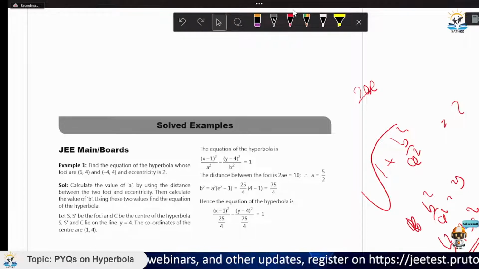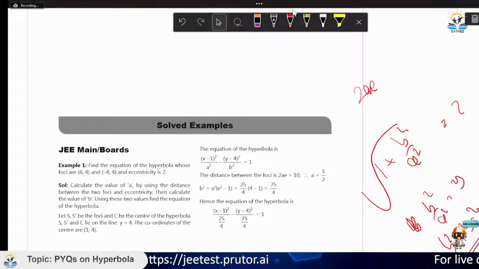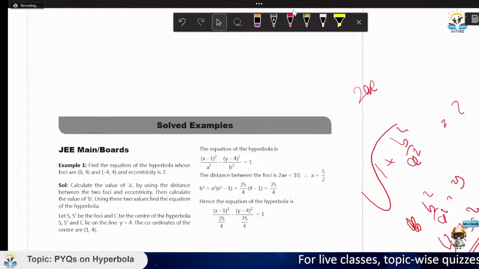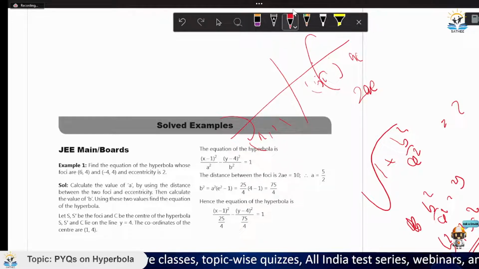I'll just check it, I'm really sorry, guys. Yeah, it is 2ae in the case of the hyperbola as well.